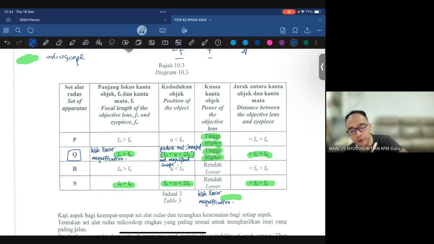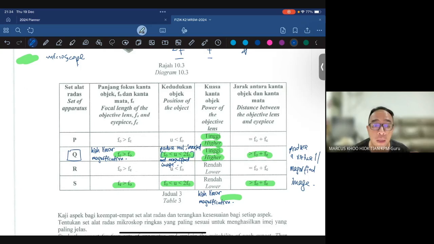The main reason for this is to produce a virtual, magnified image. Virtual, upright, magnified. Yeah, a virtual and magnified image.